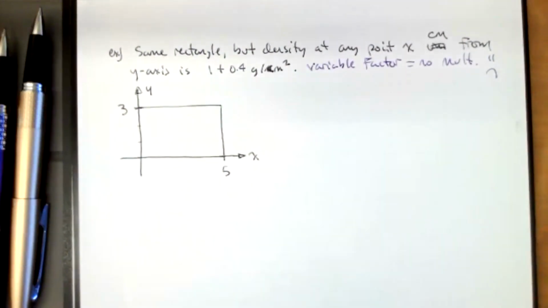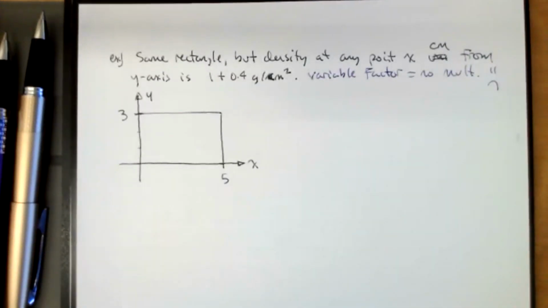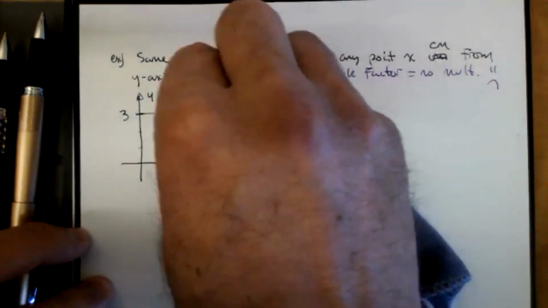So here's our rectangle going from 3 to 5. Otherwise, it's still constant.